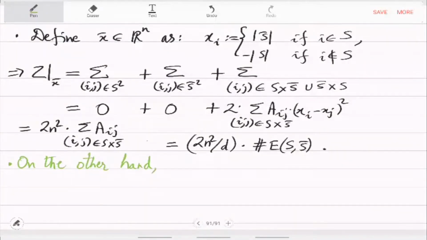So you can expand Z as just, square, expand the square, right. So you will get xi square minus 2 xi xj and xj square.